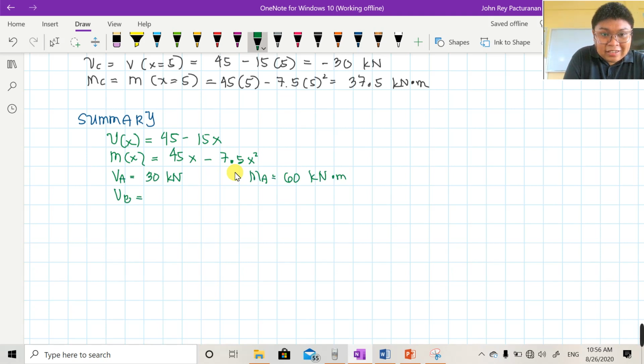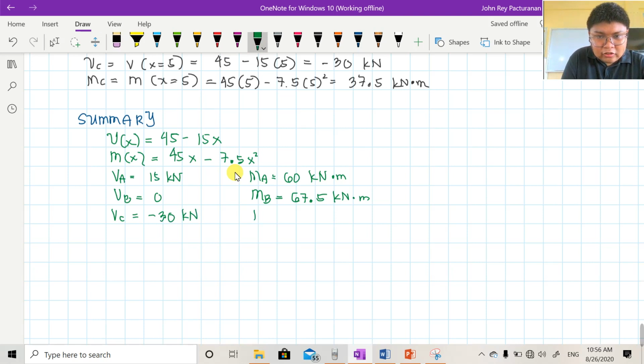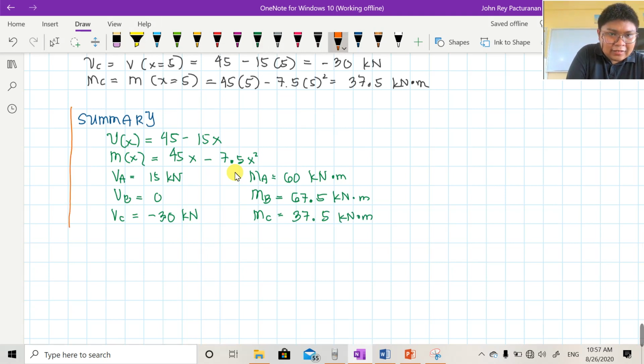The shear at B, we computed as 0. The moment at B, 67.5 kilonewton meter. Lastly, the shear at C is negative 30 kilonewtons and the moment at C is equal to 37.5 kilonewton meter. So, this is our answer to our discussion. Let's box it.